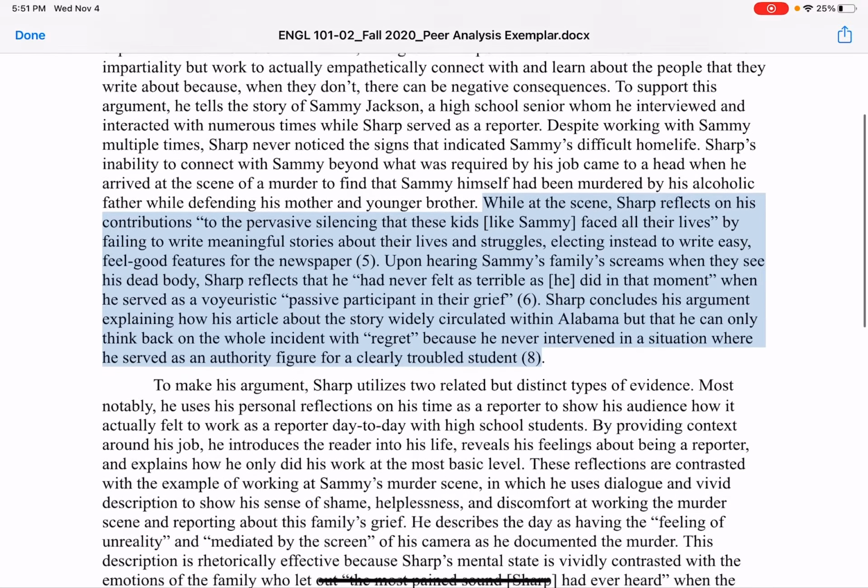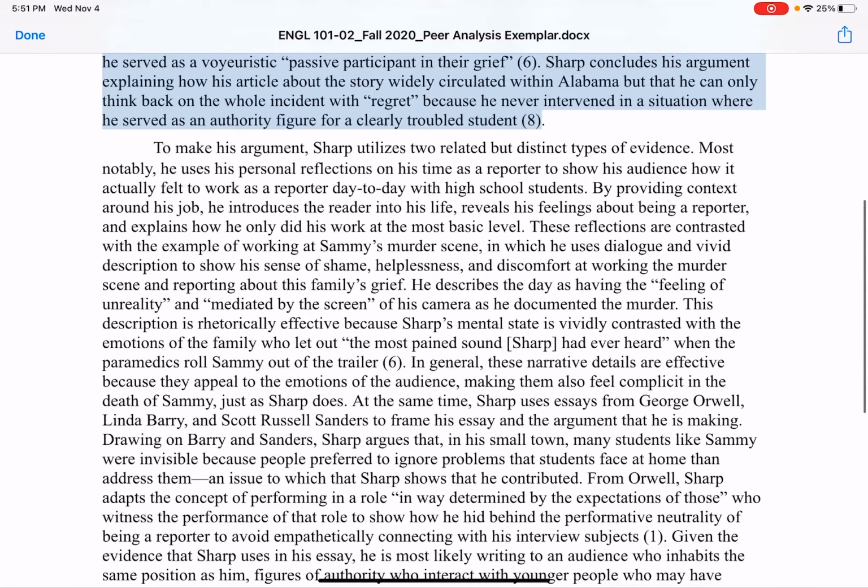In the next paragraph, I transition to analyzing the argument of the essay by noting the 2 types of evidence that are used in the essay. The first type of evidence is the easiest to identify. That's just going to be the story that the author is telling to make their argument. In this case, my reflections on working with the students at the newspaper.